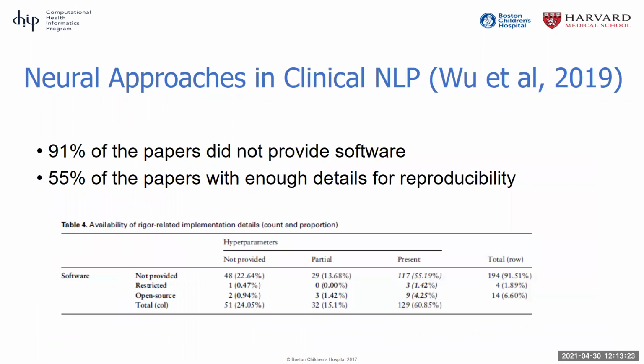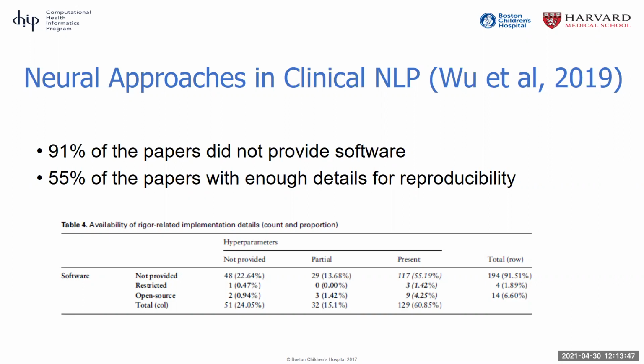One other very interesting point of that summary is that 95% of the papers actually do not provide software. And only 55% of the papers give enough details for reproducibility. So I think these are numbers that are quite striking and that definitely need to be changed.